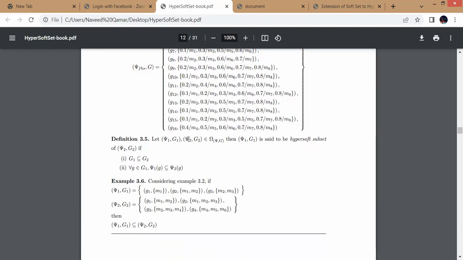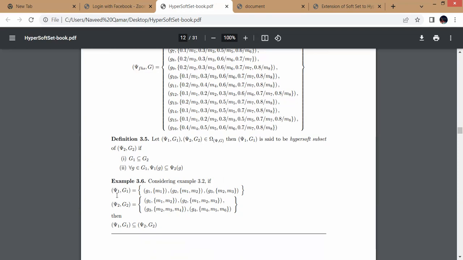One notation and two notation are hypersoft sets. Then the first one is called the hypersoft subset of the second one if G1 is a subset of G2, meaning these sets are subsets of each other, and for all the elements of G1, the hypersoft set of G1 will be a subset of the hypersoft set of G2.